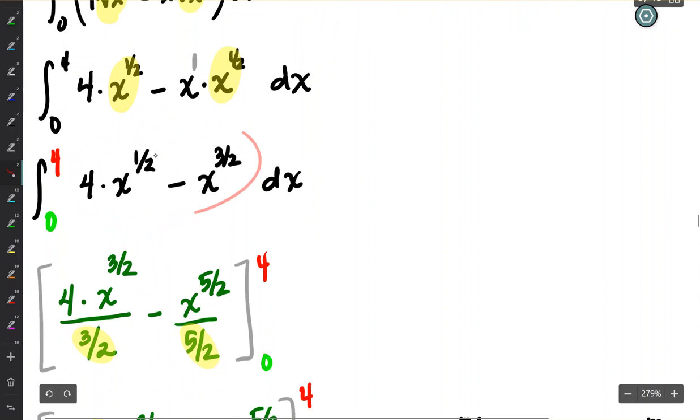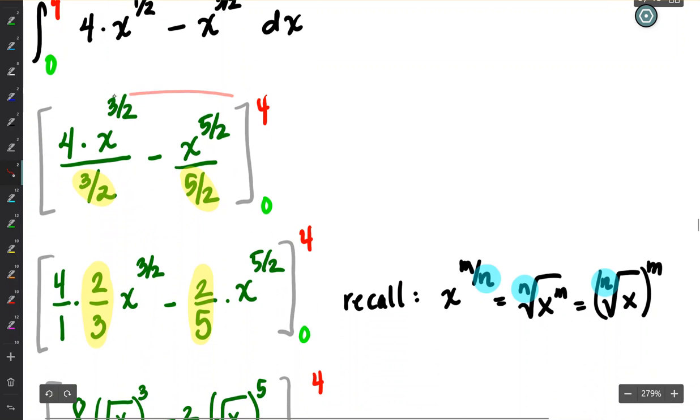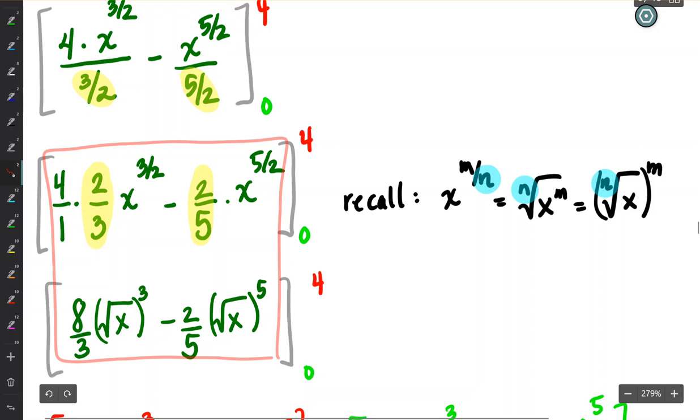Power rule in reverse is always adding 1 to the exponent and dividing by the new exponent. Here, we got our antiderivative, and now we're just cleaning it up, not doing any calculus, but just cleaning it up for the purpose of making it easier to plug in these endpoints.